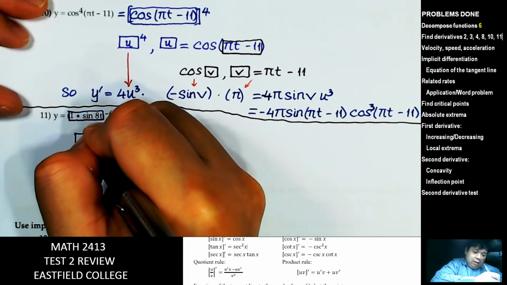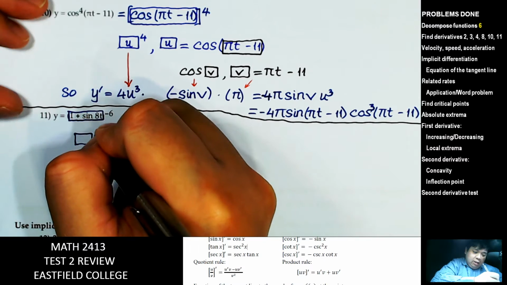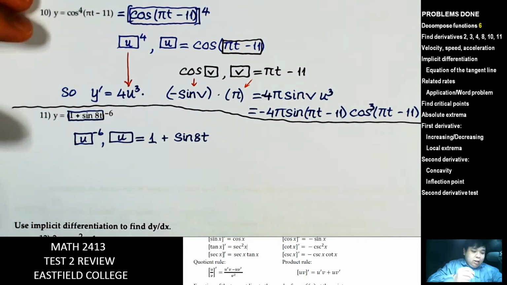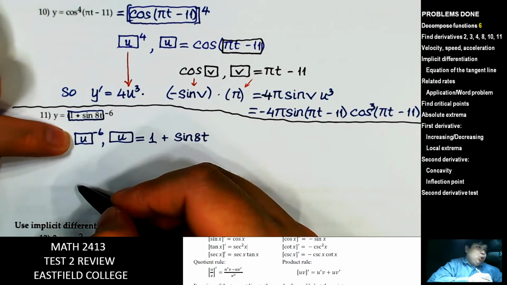And in front of that, the box to the negative 6. Label that u. Right. Derivative of this one easy to do.